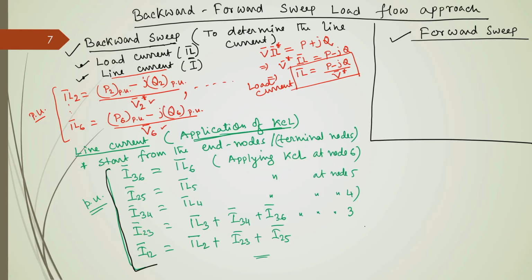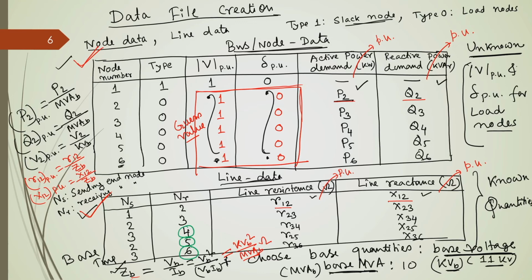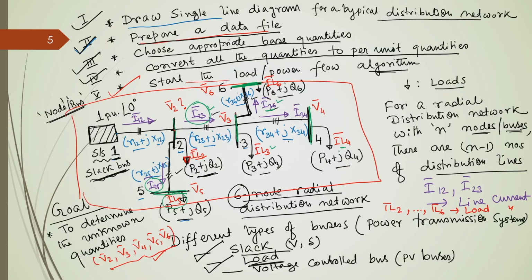In one approach, the nodes beyond a node are traced a priori, and accordingly they determine the line current. Okay. For example, this is possible from this line data information or from this topology. We know that beyond node 2 we have node 3, node 4, node 5 and node 6.